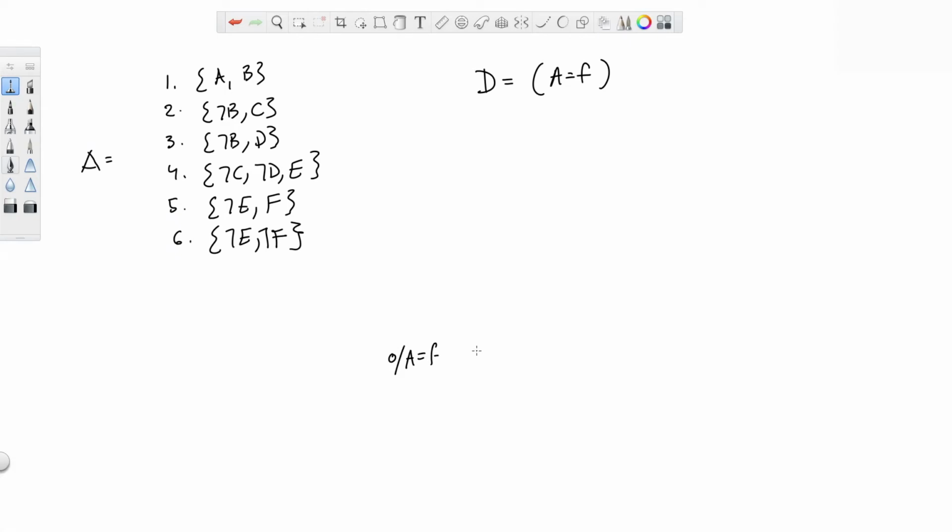So let me do it, because then we're going to see what kind of clauses we are going to get. You're going to get C equals true, D equals true, and let me make this one equals true, and finally the conflict.